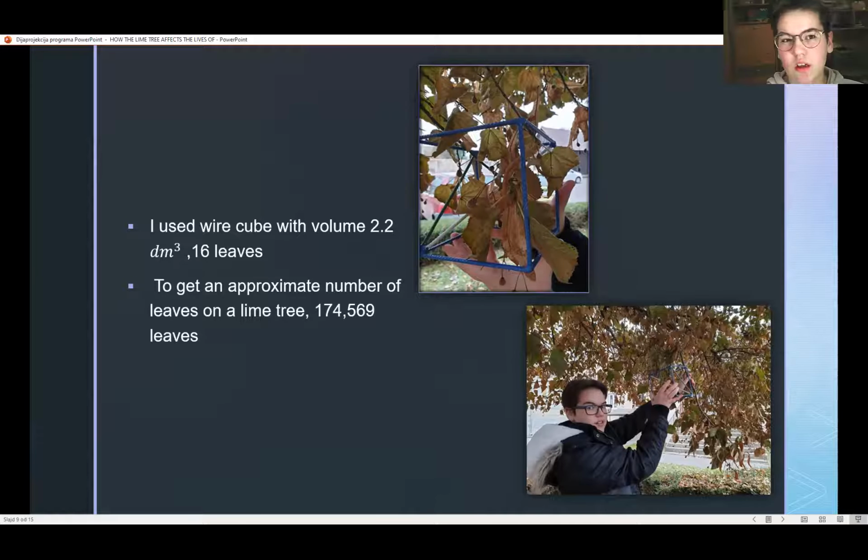To calculate the exact number, we would need to count each leaf by hand and go each day to see how many leaves are on the tree and how much sun the lime tree is getting. So yeah, there is a difference. But if we do the average day, that will be the closest to what I get for producing oxygen.